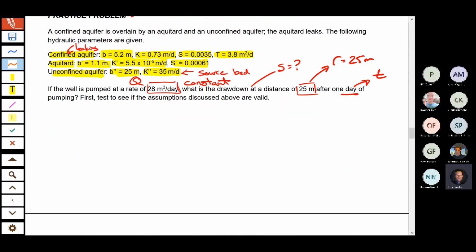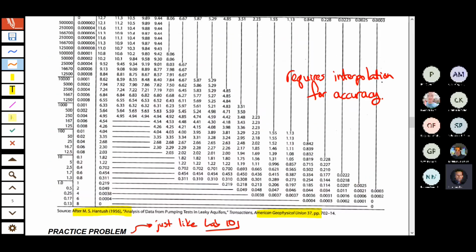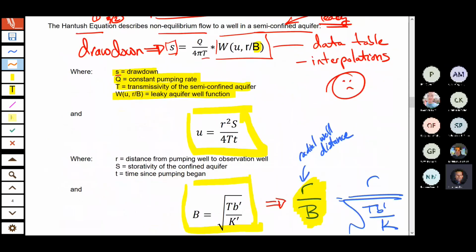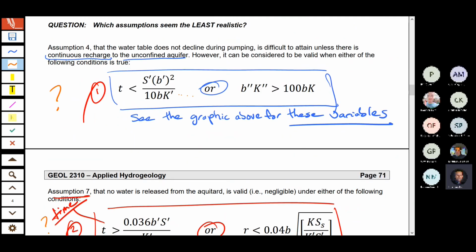Okay, so let's do our first assumption, our first test. And we look at our data. Sorry, let me just go back. Let's see what data that we have. Oh, that's the second test. We have time, we have that, we have that. We have the storativity of that, we have B, we have K. Okay, we have that versus time.